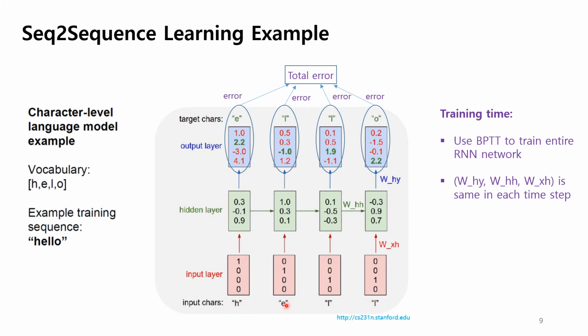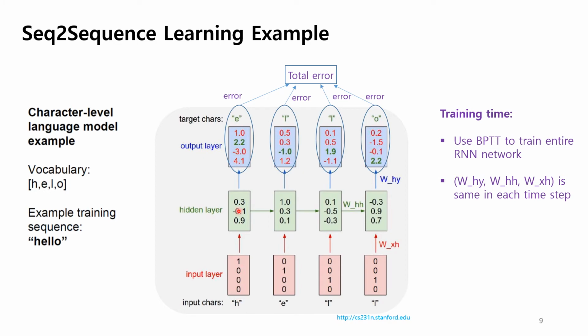For the letter H, this RNN should generate E. In the next step, we provide E as an input, and the RNN should generate L. Next, we provide L, and the RNN should generate L. In the final step, when we provide L, it should generate O. These are the training examples. For each training letter, this RNN should generate the correct answer, E-L-L-O. That's the goal of learning.